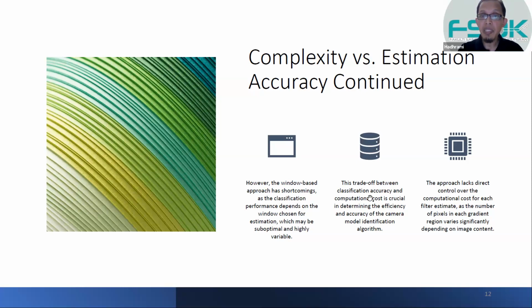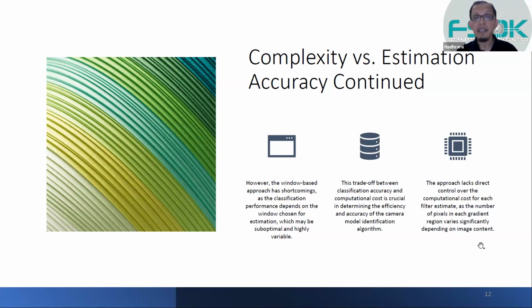And this trade-off between the classification accuracy and computational cost is crucial in determining the efficiency and accuracy of the camera model identification algorithm. The approach also lacks direct control over the computational cost for each filter estimate, as the number of pixels in each region varies significantly depending on the image content.